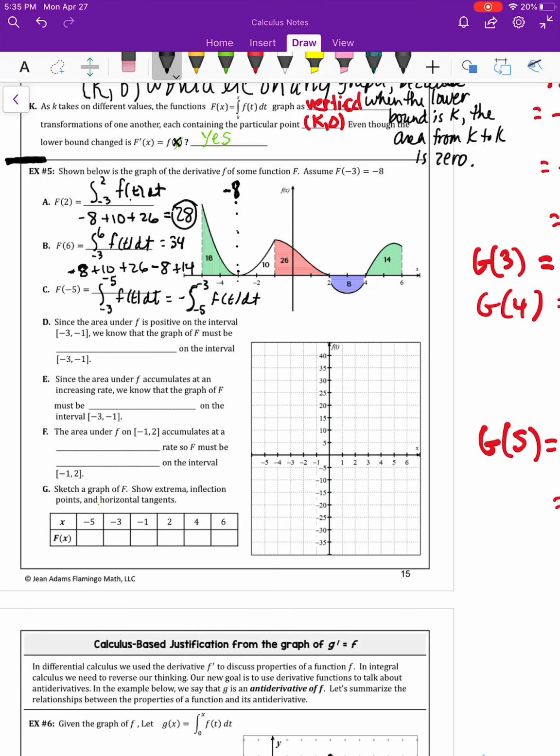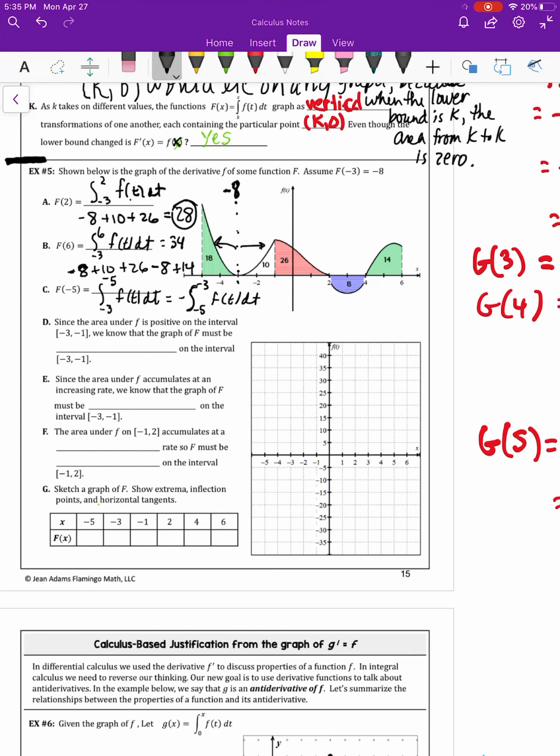Since you're starting at negative 3, if you go to the left, you are subtracting. If you go to the right, you're adding normal. If it's above the x-axis, it's positive. If it's below, it's negative.